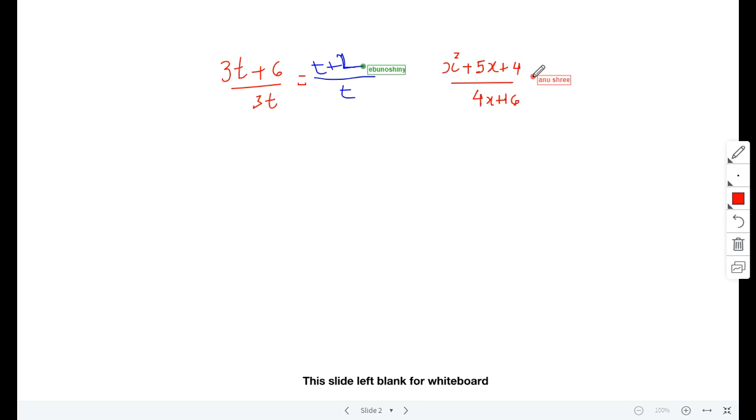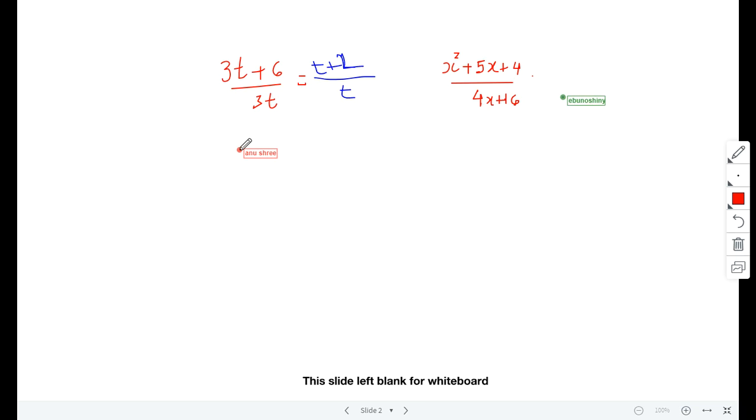Solve this one. What you have to do is factorize the numerator and also take out the common factor in the denominator, and then cancel out whatever is common in the numerator and denominator.